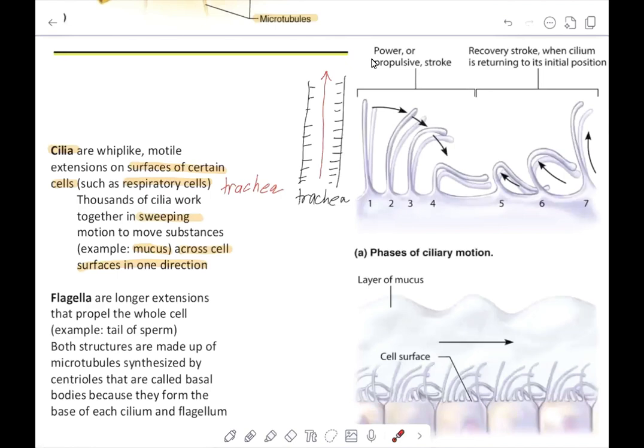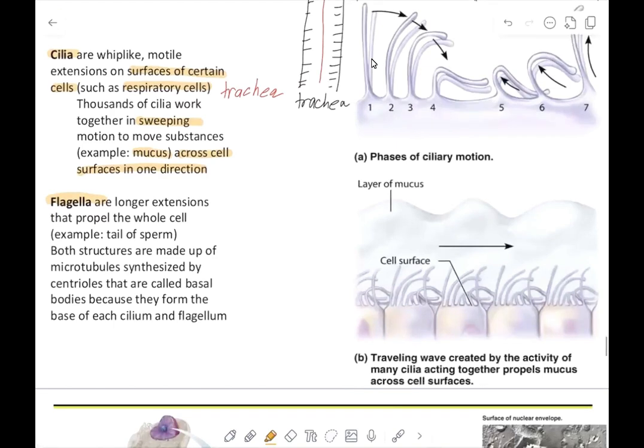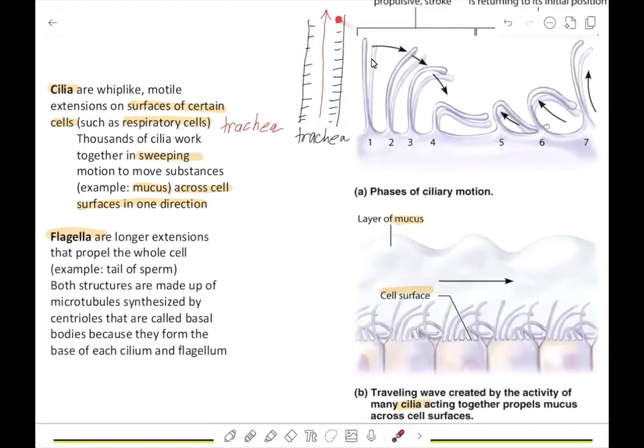The next example of this is flagella. But before we talk about flagella, I want to show you another example of cilia. So you can see that there's mucus on the surface. This is essentially the same thing that I showed you up here, just a much better drawing of it. So these cilia are going to be sticking out, and their job is to sweep the mucus across the cells.